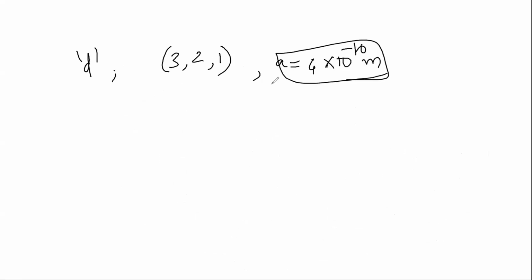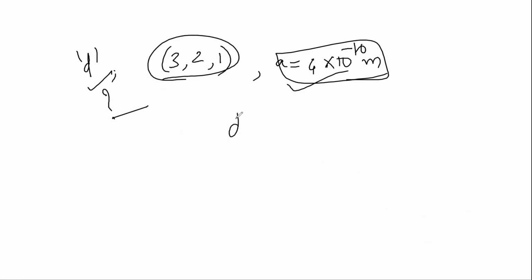Calculate the interplanar spacing D for a simple cubic crystal lattice of plane 3, 2, 1, where lattice constant A is given as 4 into 10 power minus 10 meter. D we have to calculate, and they have given the plane.